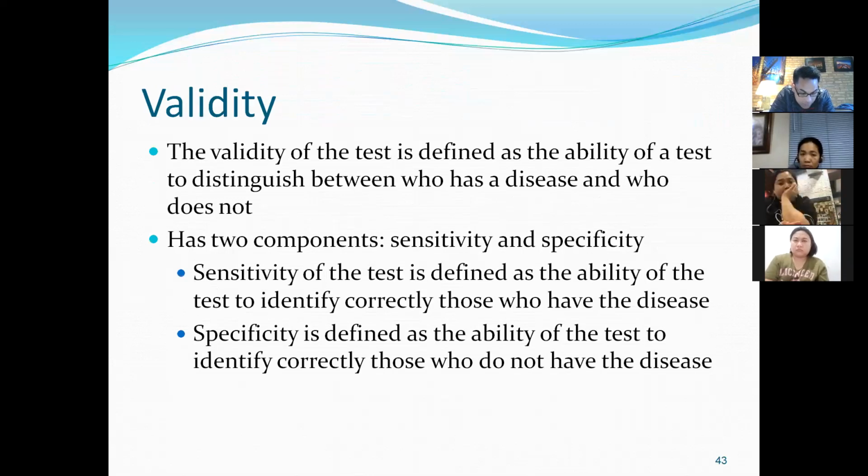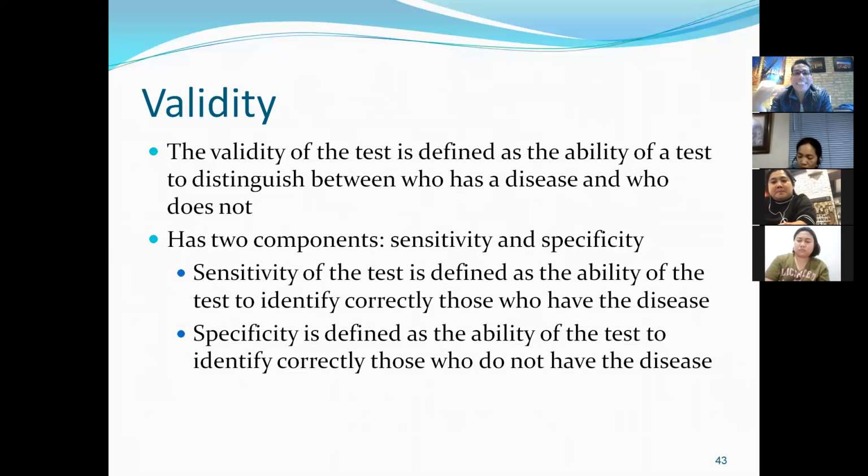In psychological measurements, validity refers to the ability of the instrument to measure what it intends to measure. In screening for disease, validity is exactly the same in terms of the core concept: the ability of the test to distinguish between who has the disease and who does not.